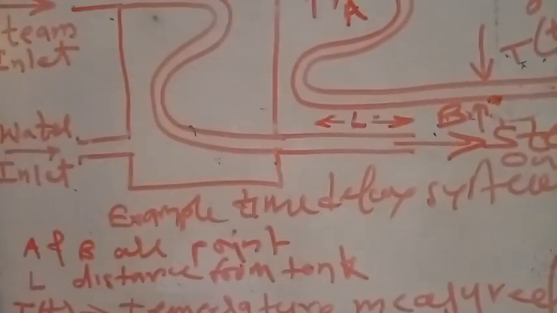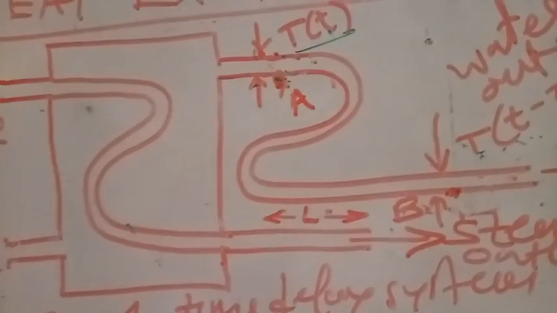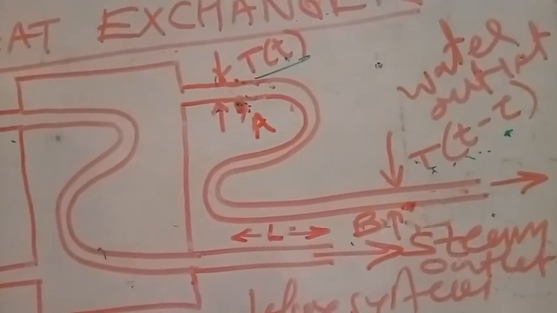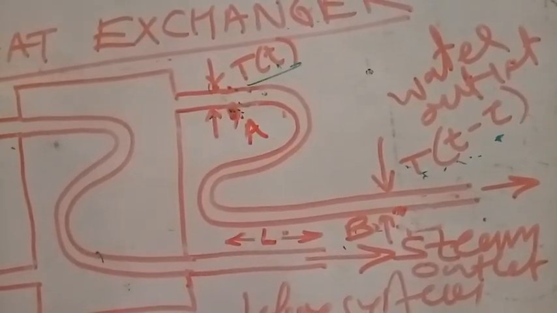The temperature transducer should be placed at a location in the water outlet line just after the tank. This is location A. But suppose due to space constraints, the transducer was placed at location B at a distance L from the tank.